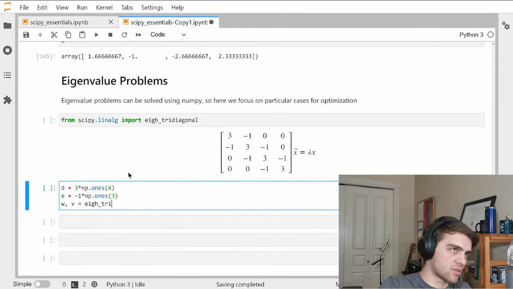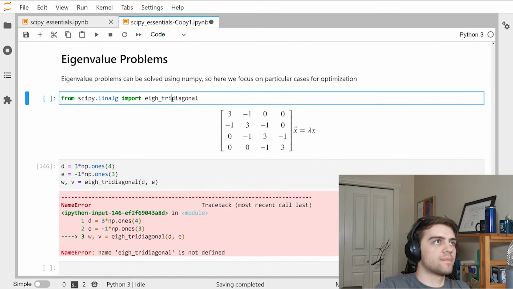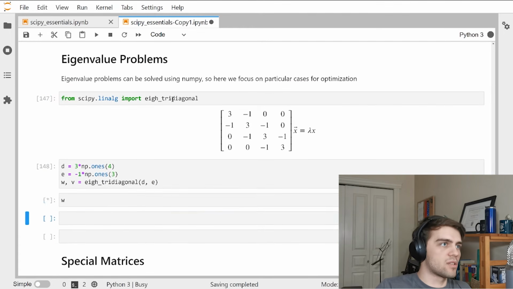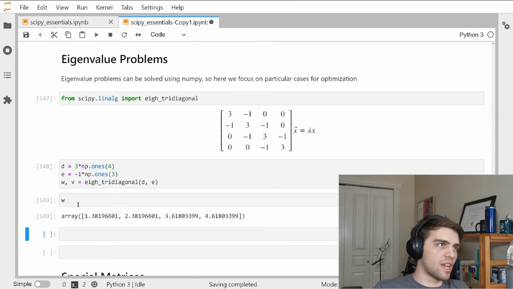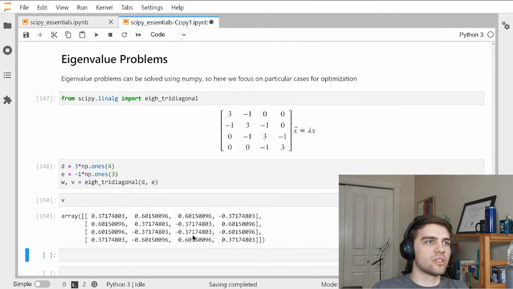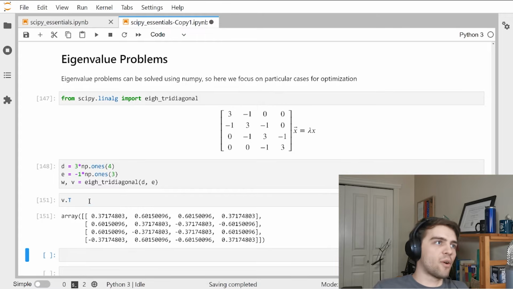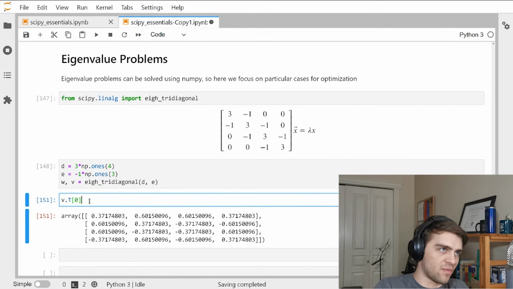It's just eigh_tridiagonal(d, e). And of course, I have not imported it. And so this is my eigenvalues, and my eigenvectors are returned in that weird way, sort of like how they're returned in NumPy. So I need to take the transpose of this matrix that it returns. And if I want to get my first eigenvector, that's vt[0].